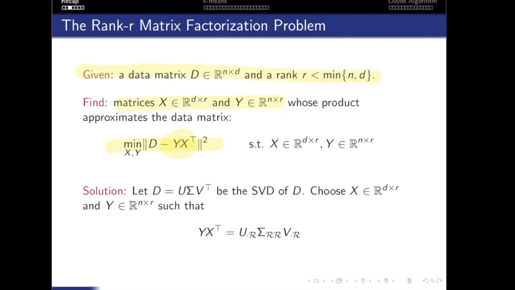So truncated SVD was that if we have the full SVD here, then we choose the matrices X and Y such that the approximating matrix Y times X transposed takes the truncation of this SVD. So we take the first R columns of U and V, and also select from the diagonal matrix sigma the top singular values.